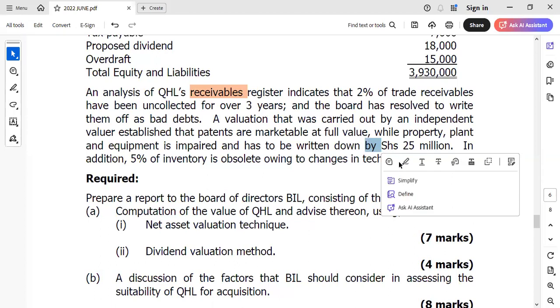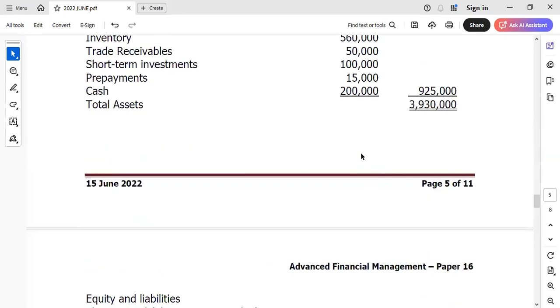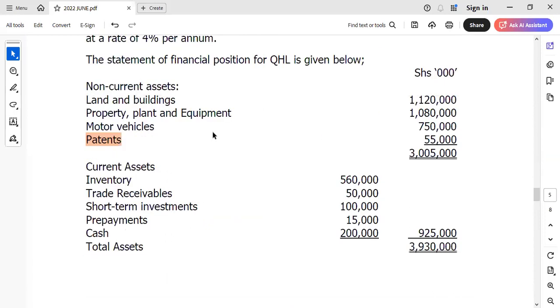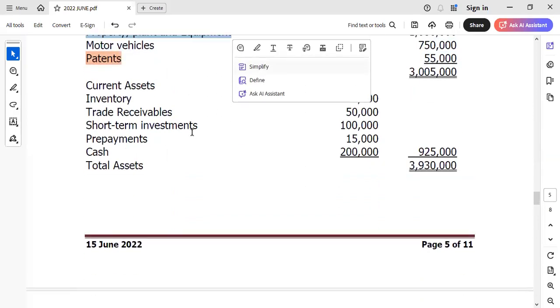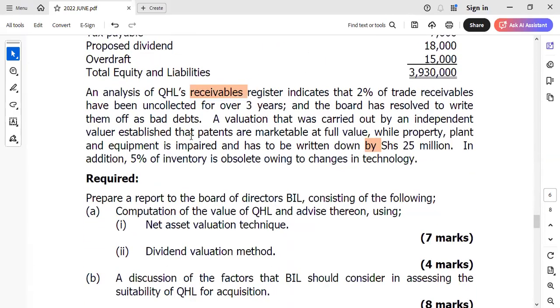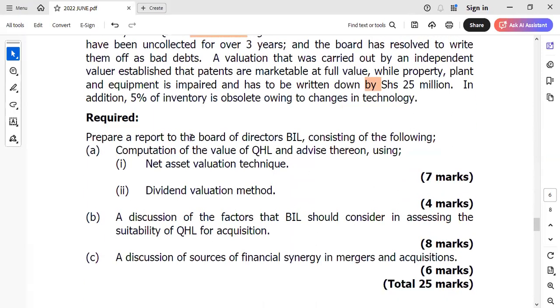So this is a reduction. Your PPE is going to reduce by 25 million. So you will need to identify your PPE, then reduce the value by 25 million as you're trying to get total assets.